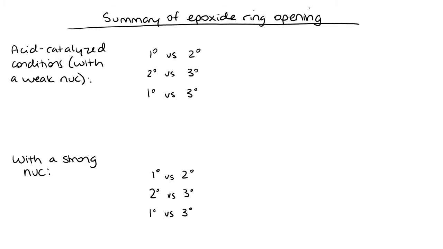To summarize the site of the nucleophilic attack when we're dealing with the unsymmetrical epoxides, when we have acid-catalyzed conditions with a weak nucleophile, remember that weak nucleophiles are fairly slow. When we have a primary versus secondary carbon, the nucleophile is going to choose the primary carbon, and that has to do with sterics.